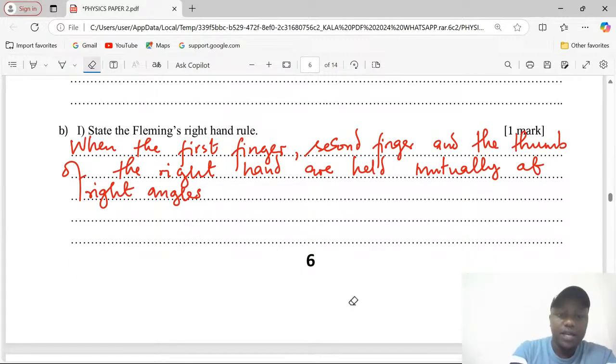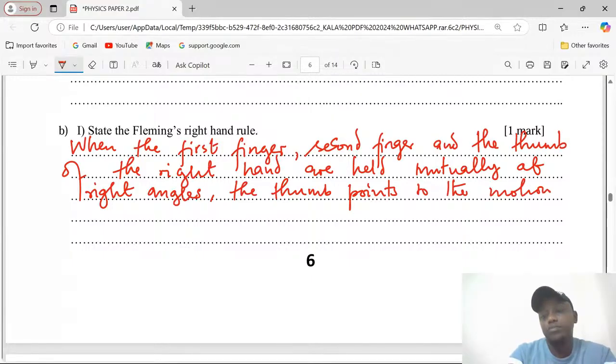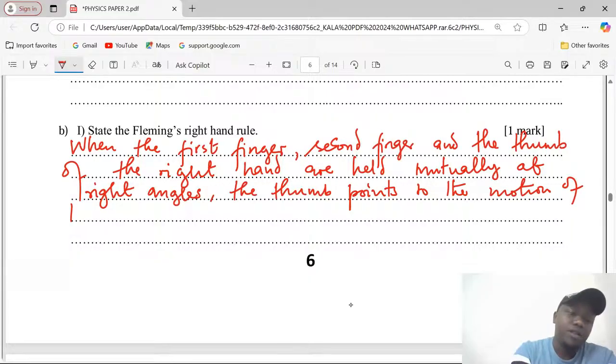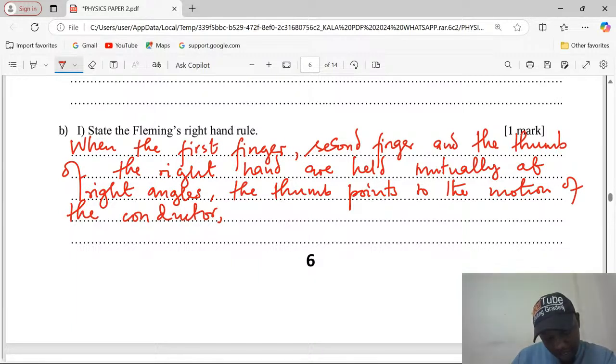we say the thumb points to the motion of the conductor. I hope you guys are following. I hope everything is well.